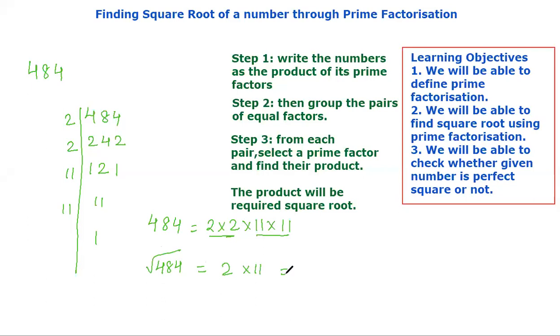And then what I have to do, I have to find the product of the selected prime factors, and the product of these two numbers will be 22. And this is nothing but the square root of the number, which is given. So we have to simply follow three simple steps for finding the square root of a number through prime factorization.